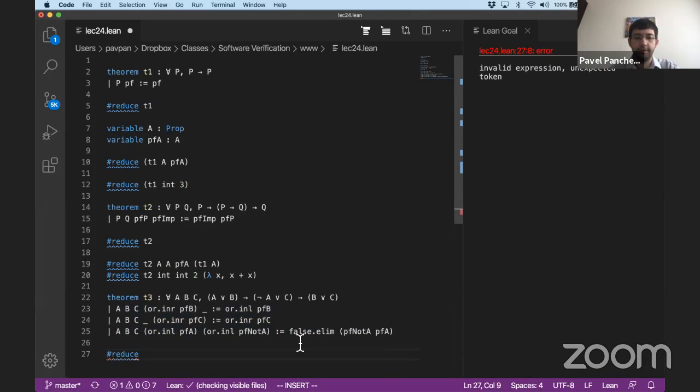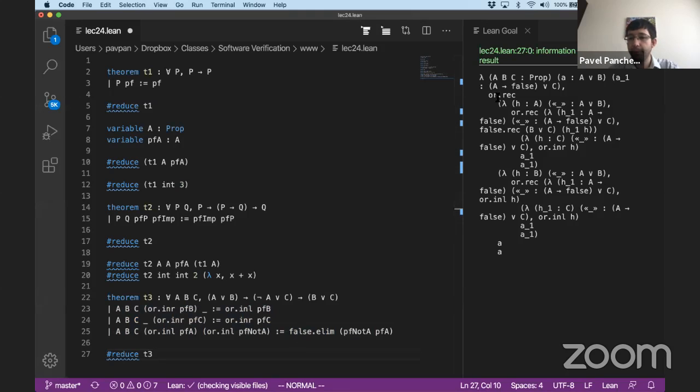So we can ask, show me T3. There's a lot going on here, but here's what it looks like. We use case splitting, and in Lean, case splitting is called or.rec, for reasons we'll discuss next time. So we're going to split cases, and in particular, we're going to split cases on A. What that means is we're going to look at this proof of A or B and ask, is it a proof of A or a proof of B?